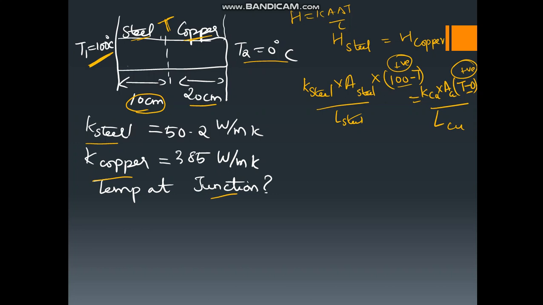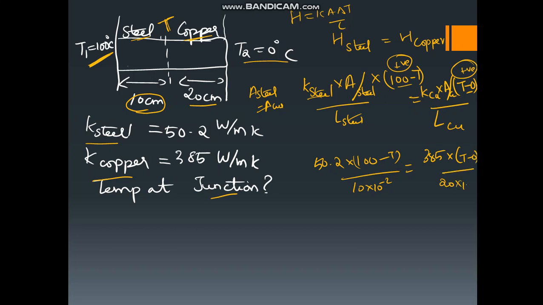I forgot to give the data in the question that the area of steel is equal to the area of copper. So the areas cancel, and K steel is given as 50.2: 50.2 into (100 minus T) divided by 10 into 10 to the power minus 2 meter is equal to 385 into (T minus 0) divided by 20 into 10 to the power minus 2. The answer for the temperature comes out to be 20.7 degrees Celsius, and this is the temperature at the junction. It is the most common type of question.